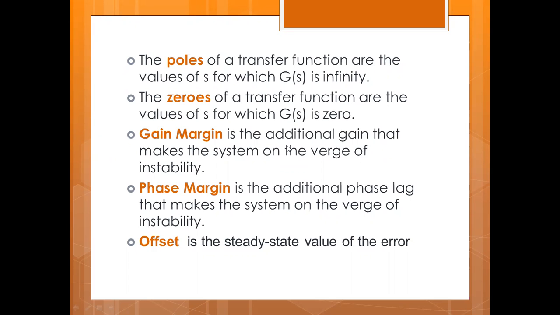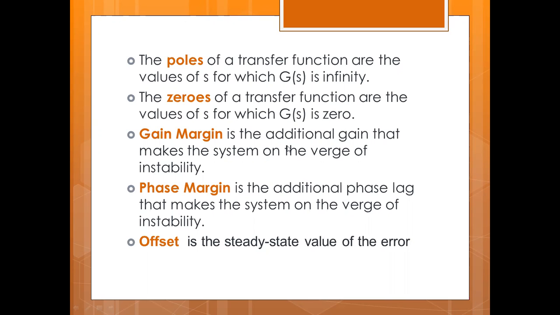Okay? Now, gain margin. It's the additional gain that makes the system on the verge of instability. That margin is actually given in the form of a percentage added to the actual gain of the system that is stable, in which your system will be on the verge of being unstable already.